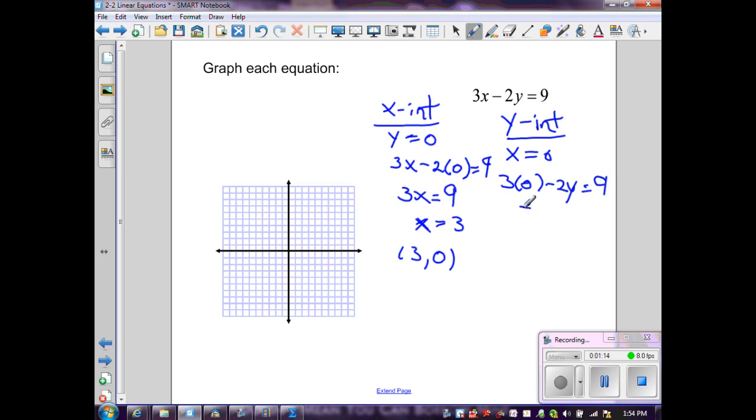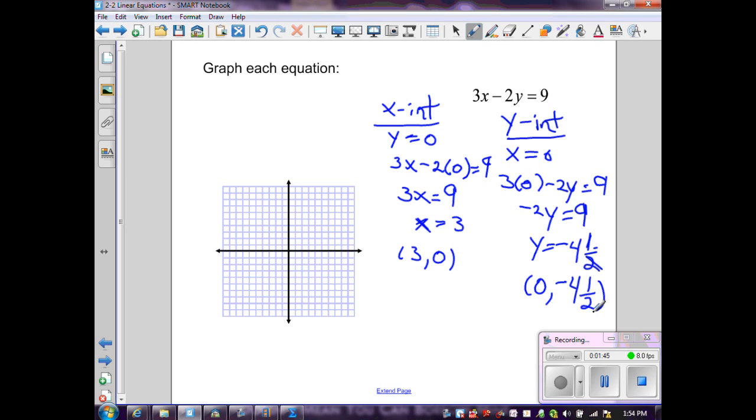Solving gives me a negative 2y equals 9. And then when I divide by a negative 2 on both sides, that gives me y equal to a negative 9/2, or a negative 4 1/2. That ordered pair is going to give me 0, comma, a negative 4 1/2.